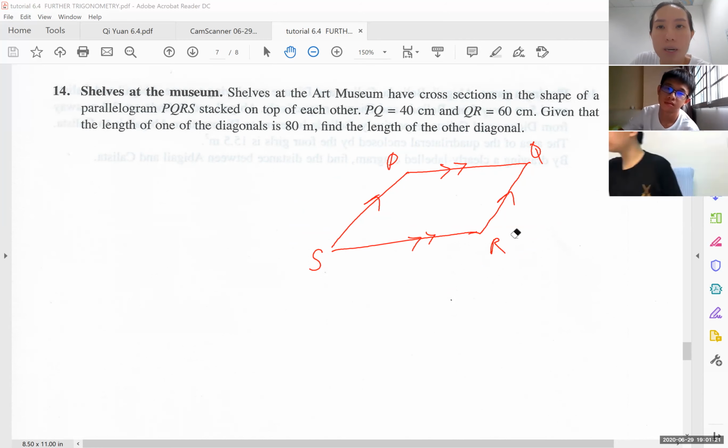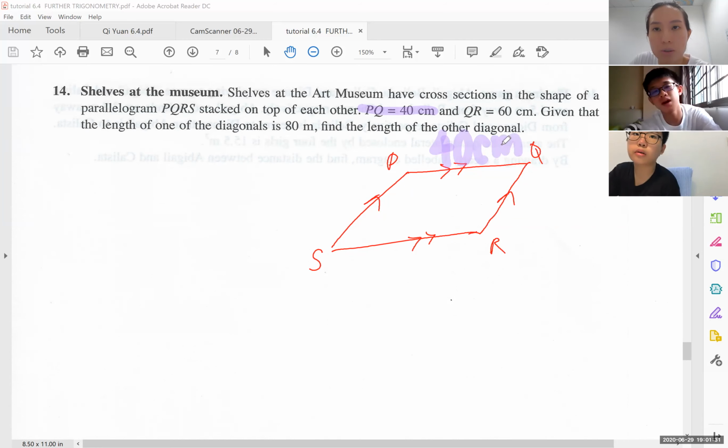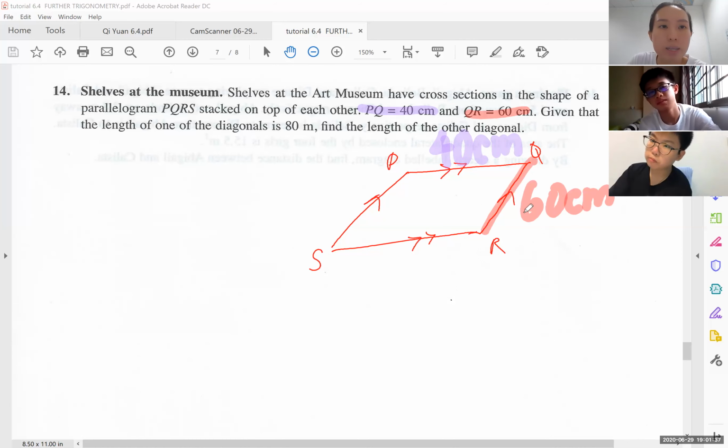Now what are the clues that they give me? PQ is 40 cm. Okay, 40 cm here. And what else? QR is 60 cm, right here. Now they say that one of the diagonals is 80, right or not? But will I know which diagonal?